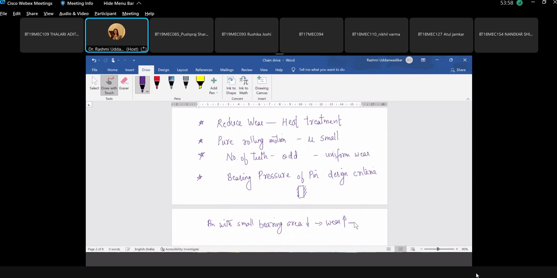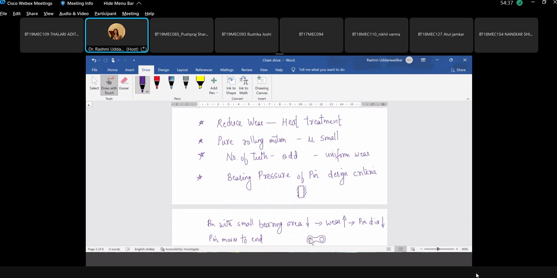If the wear goes up, then the diameter of the pin would further reduce. If the diameter of the pin becomes smaller than the slot or the hole which is provided, the pin would move towards the ends. When I say end, this is the link, these are the holes, and it should have a pin of the same size.